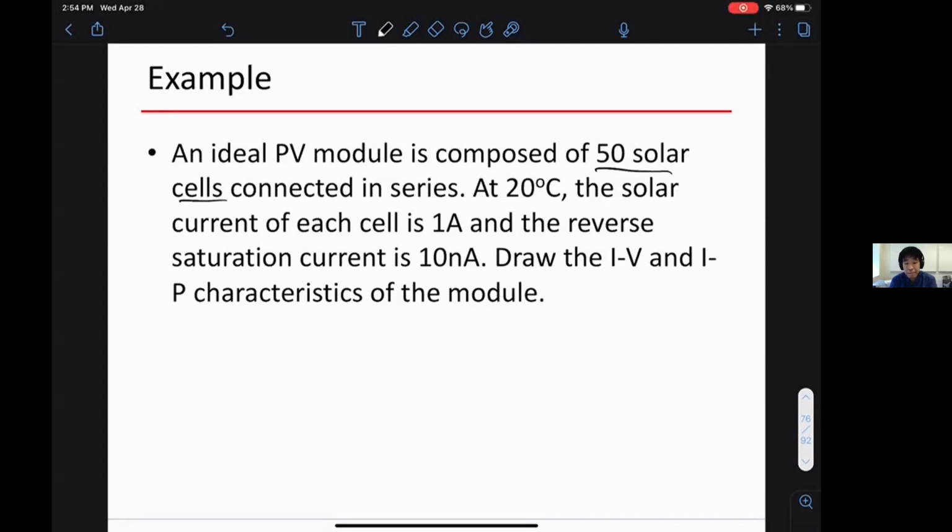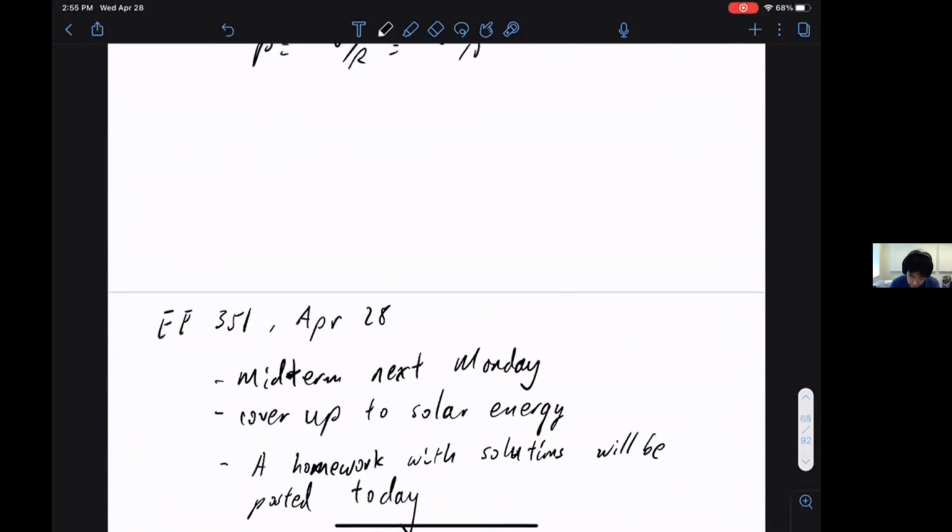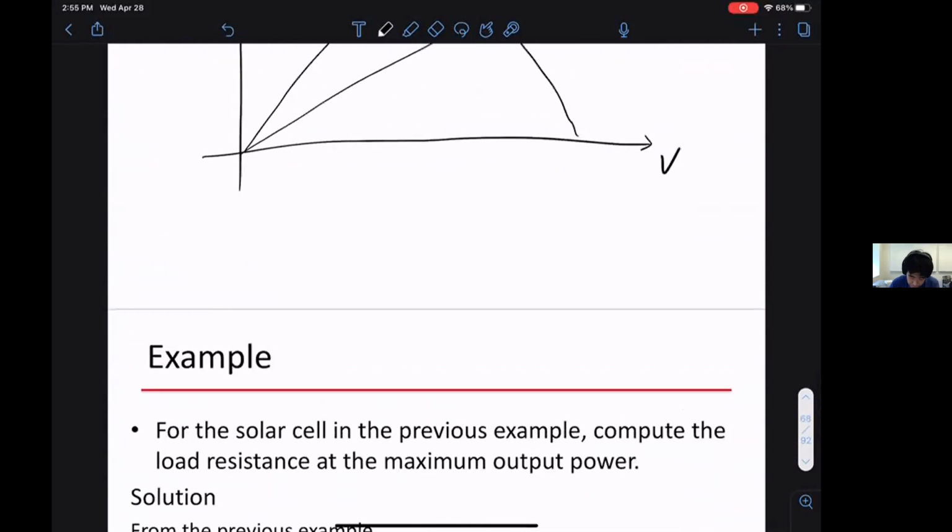Question. Yeah. So for the draw graph IV, it said to draw IV and IP. And then I don't know what equation to use to get that graph to be exact. Oh, you just plot this, right? So we have a PV equation, right? So last class we had this equation.